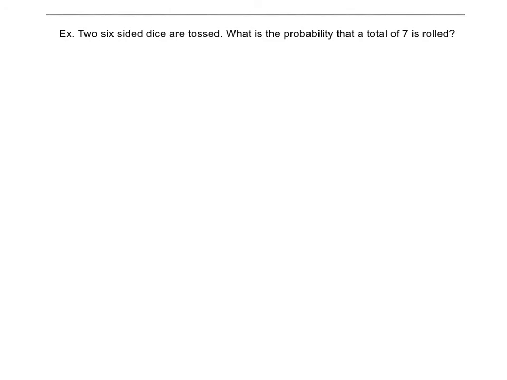2 6-sided dice are tossed. What is the probability that a total of 7 is rolled? Okay, so the first thing you do, of course, is find the sample space. I have 2 dice with 6 possibilities on each dice, and that's going to equal a sample space of 36. The probability that a total of 7, okay, means that I need to look at all the possibilities.